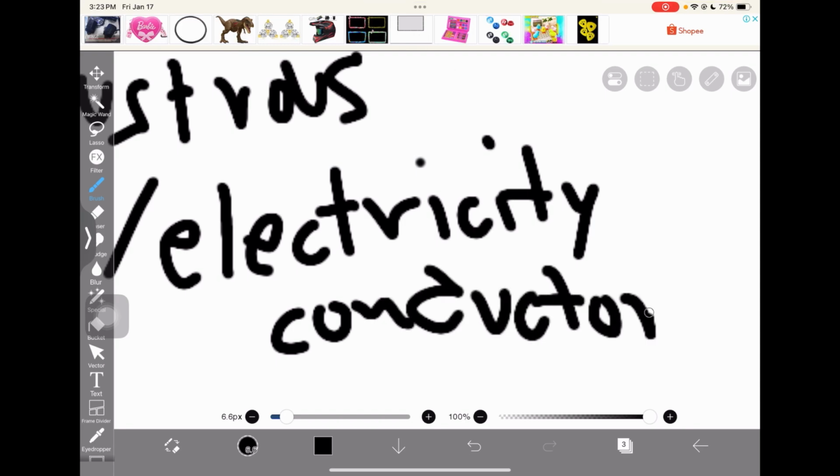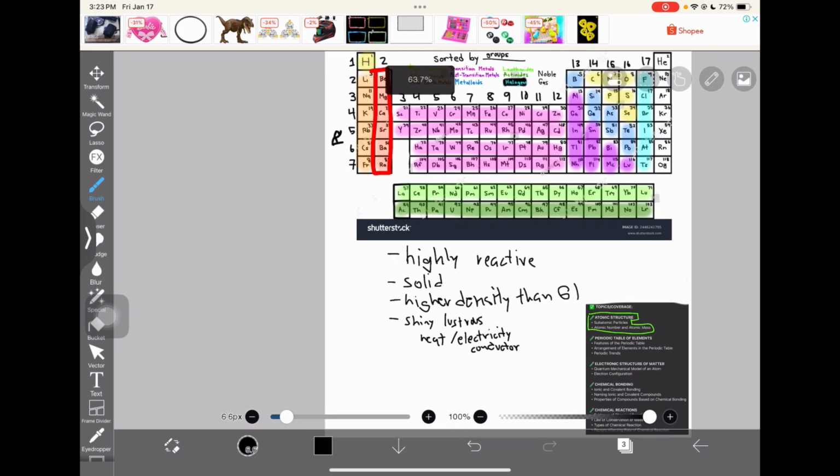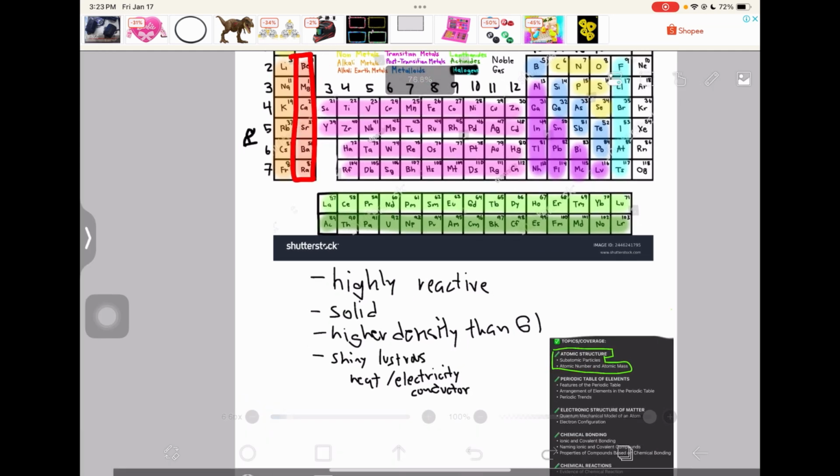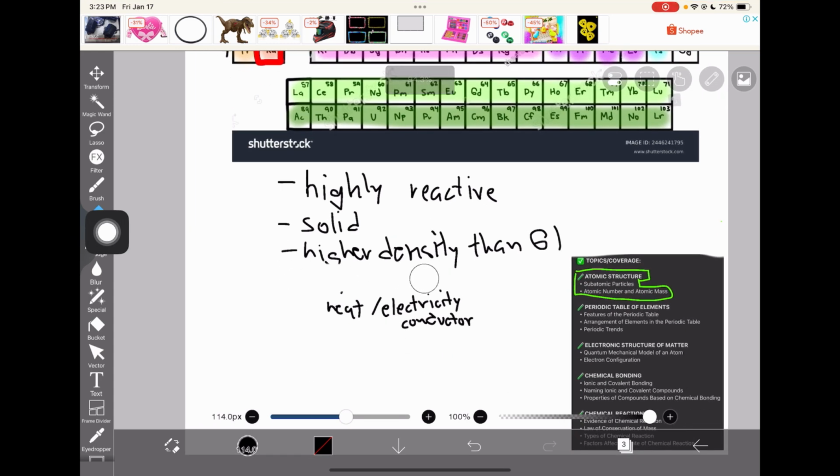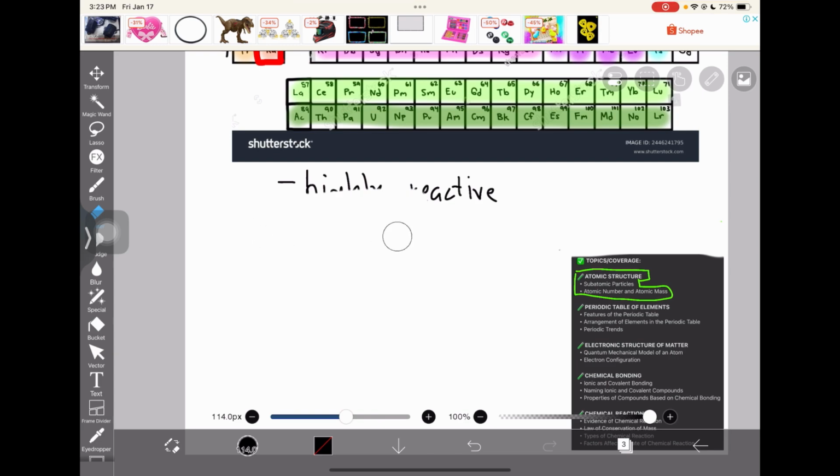So that's what we can learn from group 2. Once again, they're going to be highly reactive, solid, higher density than group 1, and they are shiny, lustrous, heat and electricity conductors.